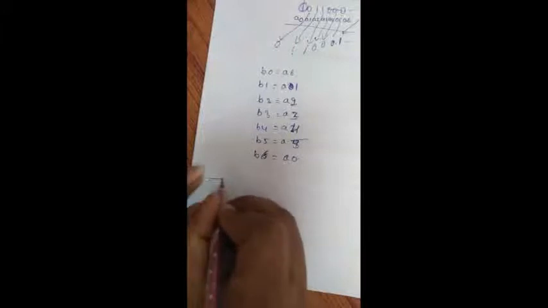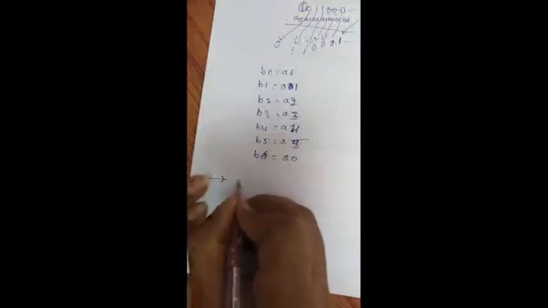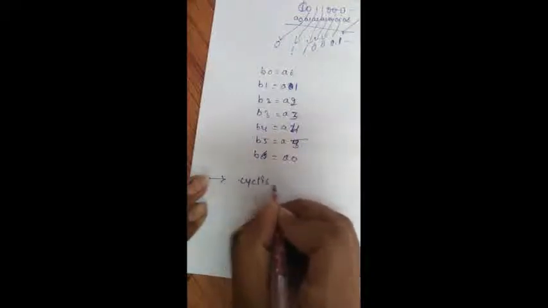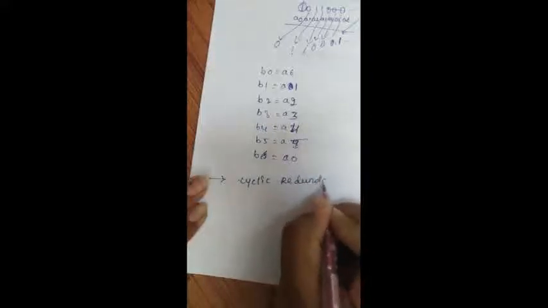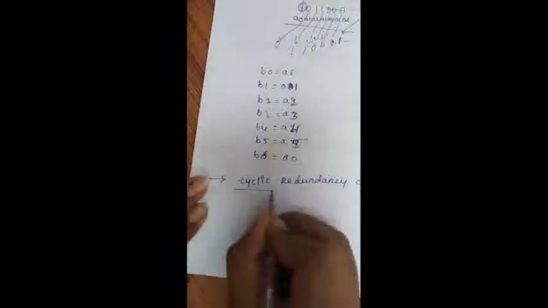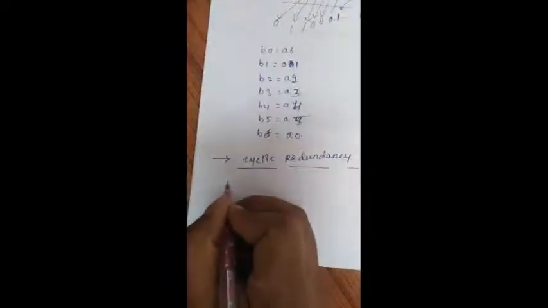Next, in cyclic code we have a method to check the value: the cyclic redundancy check. What is the cyclic redundancy check?